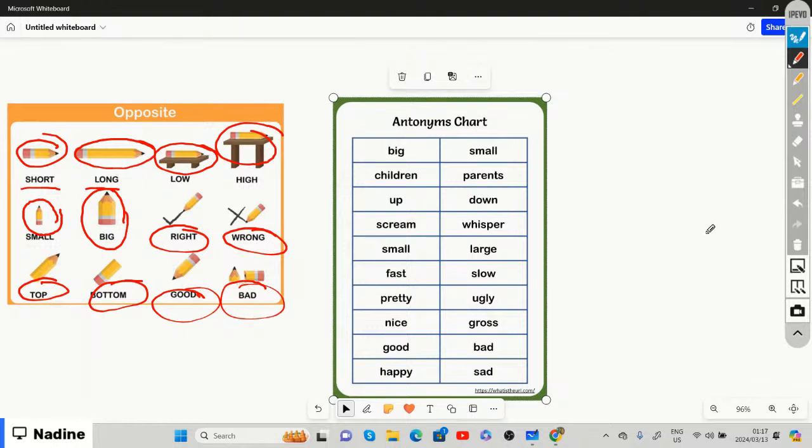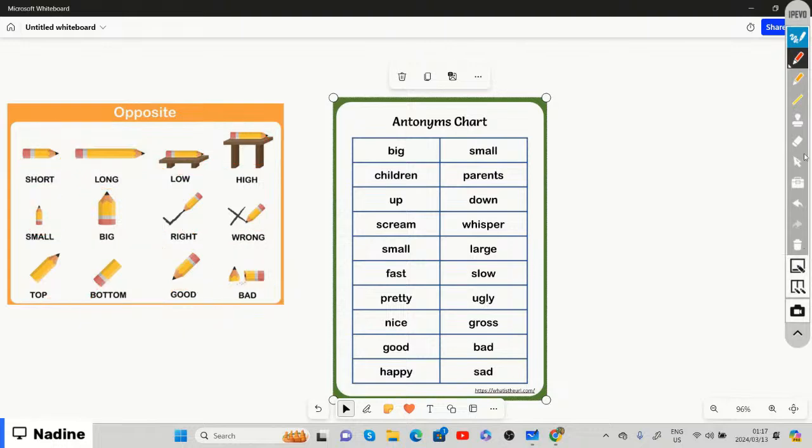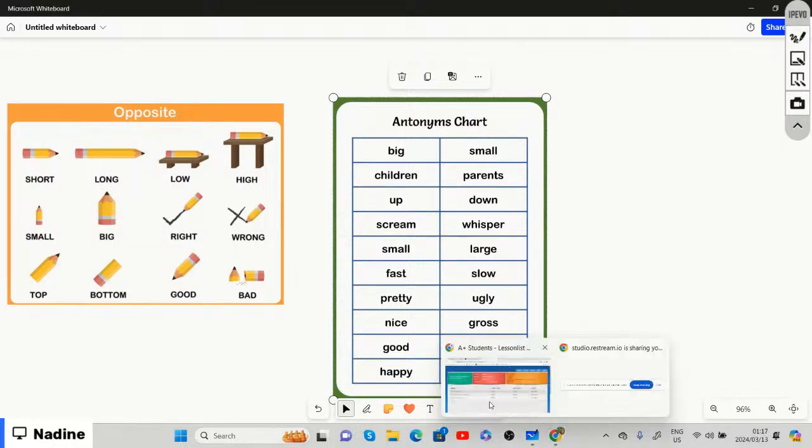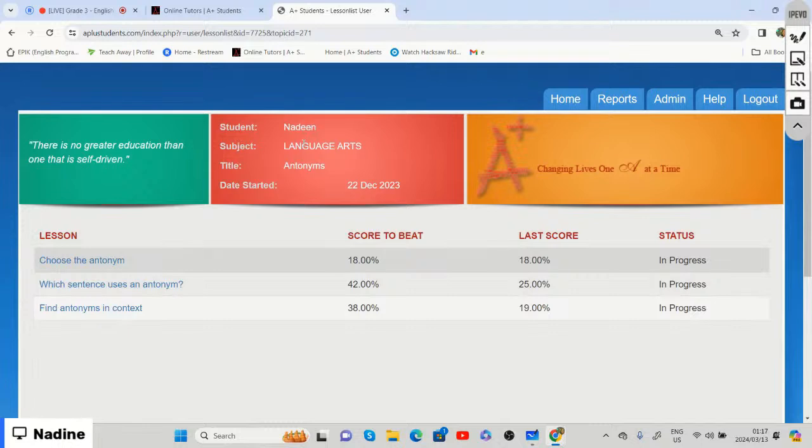All right, so now we're going to leave it at that and we're going to go to A Plus students.ca. We said our chapter is antonyms, and the lesson that we are going to be focusing on is to choose the antonym.